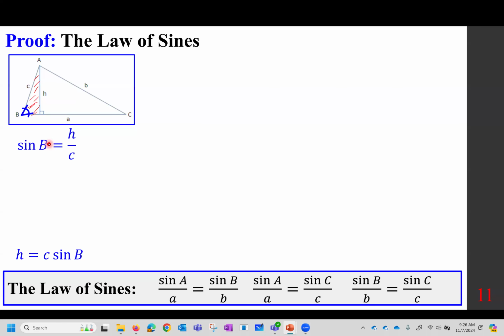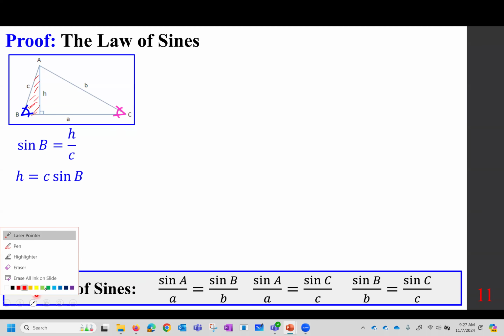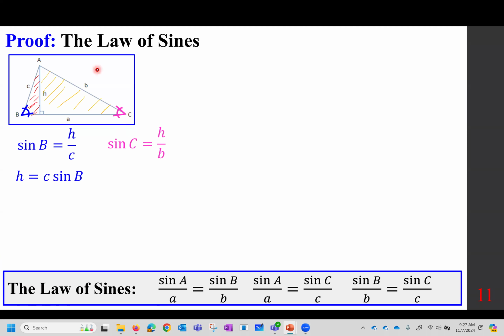Again, everybody's fine with the cross product. h is c sin B. Now we look at this angle and this triangle. Sine of C is h over the hypotenuse, which is b in this case, which makes h the product of these two, b sin C.